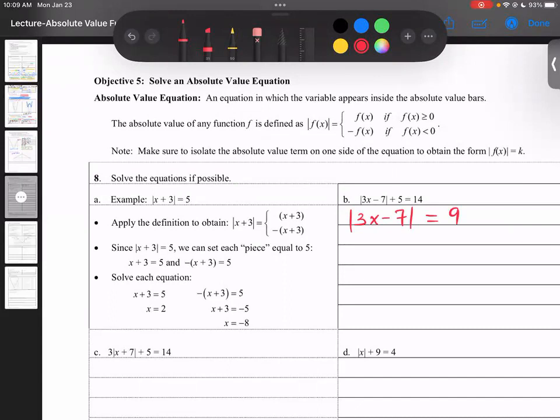It equals 9 now. Remember, I talked about the positive case and negative case. So the positive case will be either 3x minus 7 equals 9, or the negative quantity of 3x minus 7 equals 9.